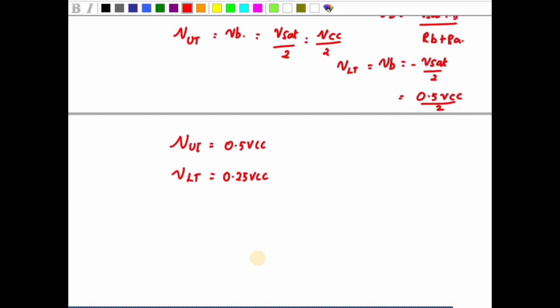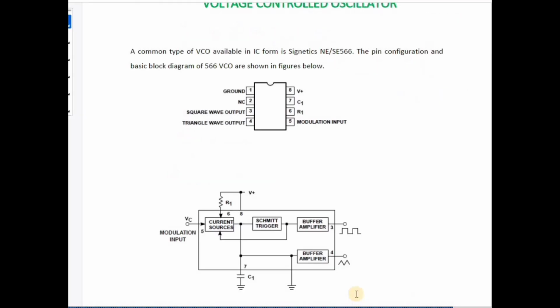Consider the diagram. Here the input is from the capacitor. Here I have a capacitor.